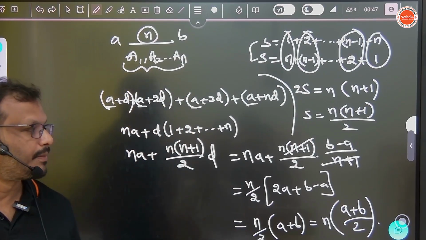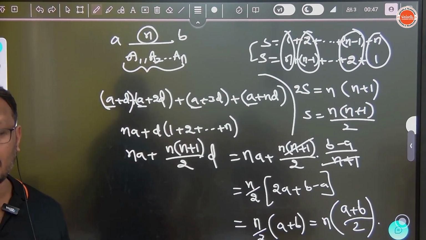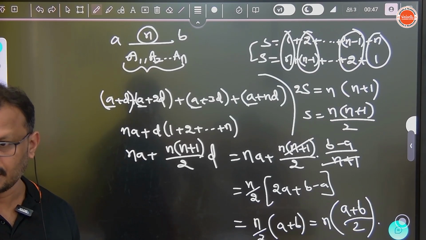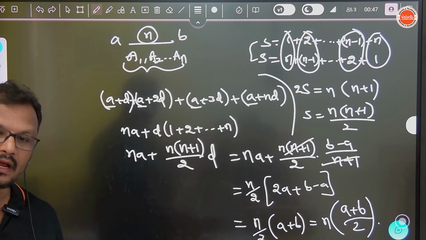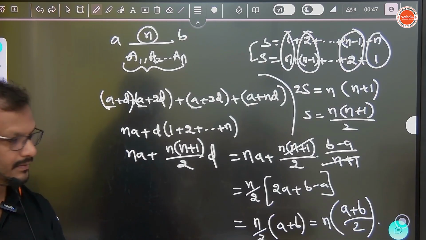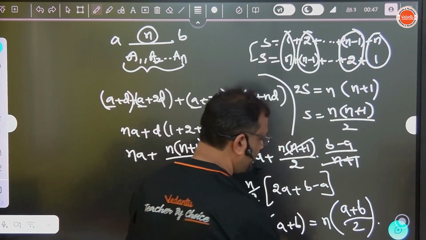So the sum of n arithmetic means between a and b is equal to n times the arithmetic mean between a and b. That is the arithmetic mean between a and b only, no?